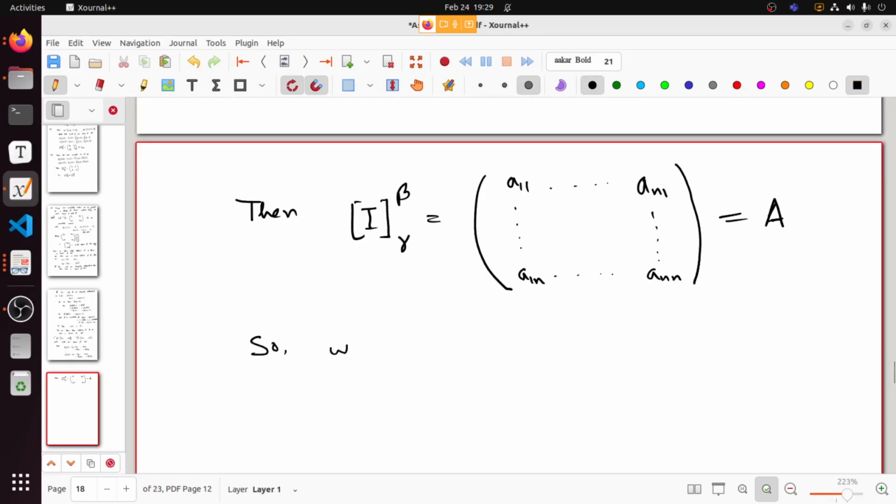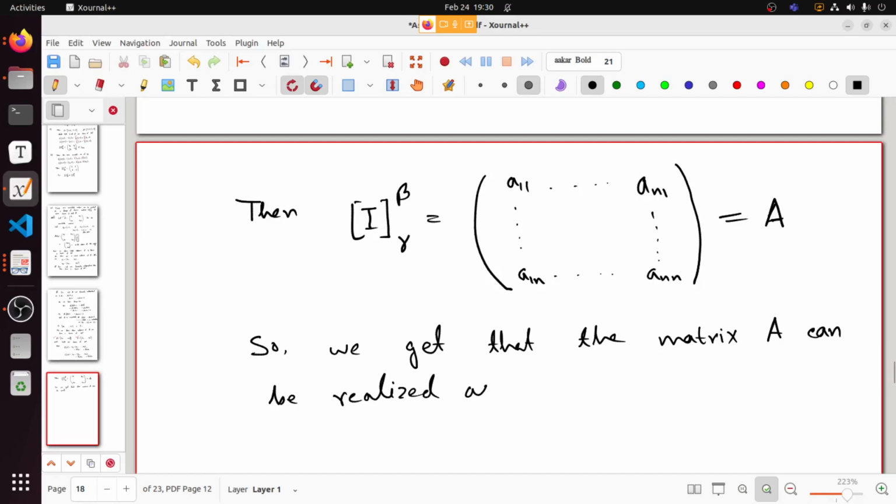So we get that the matrix A can be realized as a change of basis matrix I gamma beta with respect to the bases.